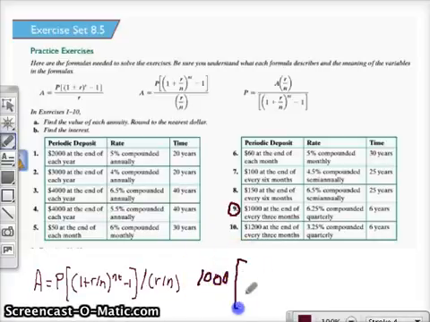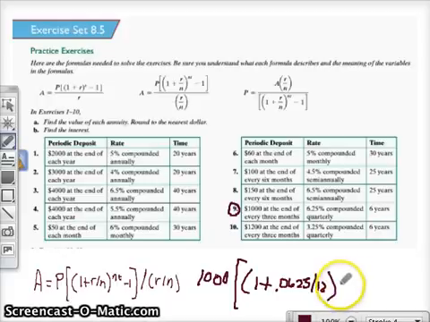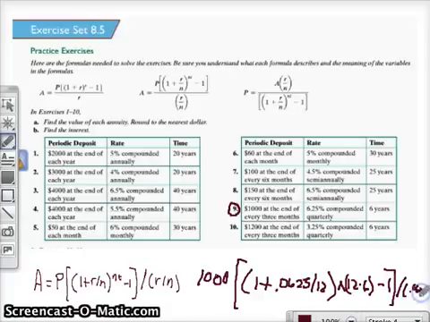Then we're going to go 1 plus 0.0625 over 12, to the power 12 times 6. You need to put that in parentheses. Then that's minus 1, then you hit the divide key, and then you do 0.0625 divided by 12. A little sloppy there, but you get the general gist. So that's how you do those types of problems.